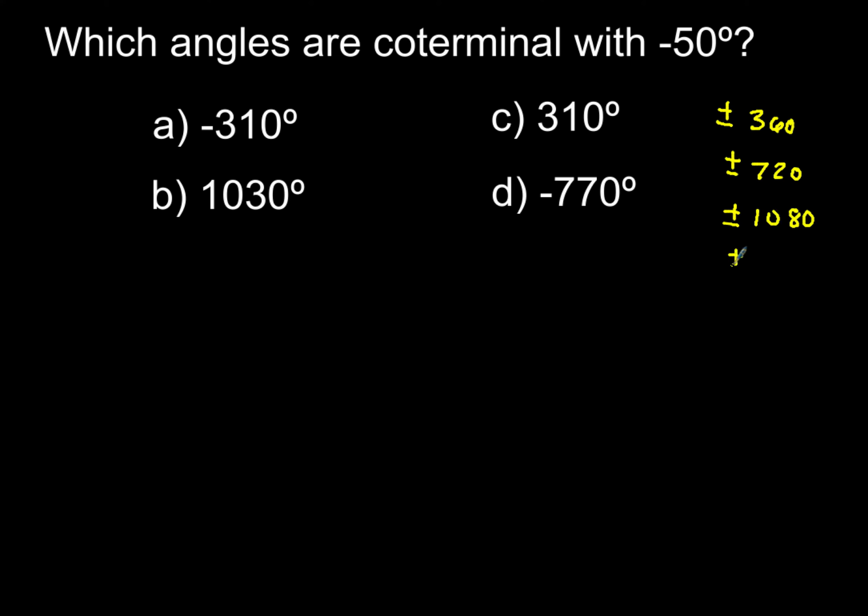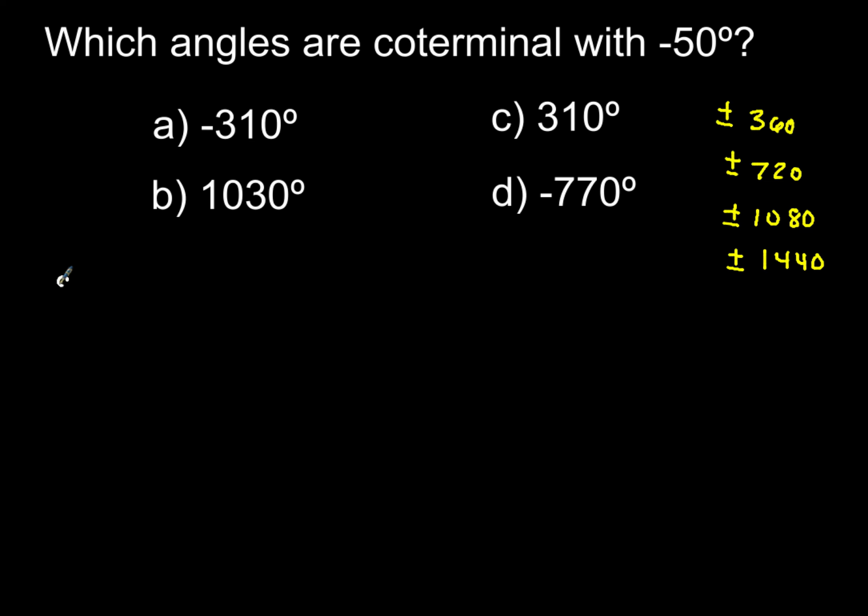Another 360 will put me at 1440. So what I want to do is check each one of these, A, B, C, and D, to see if the difference of negative 50 with that number is plus or minus 360, 720, 1080, or 1440. If it is, then yes, that's a coterminal angle, and we'll be happy. If not, we just move along.